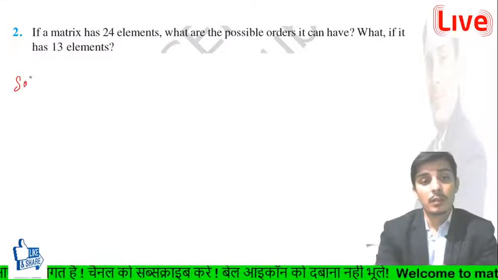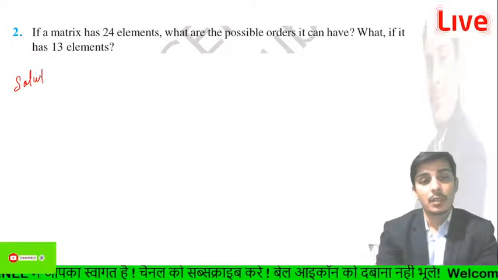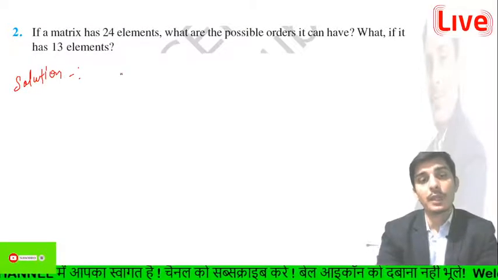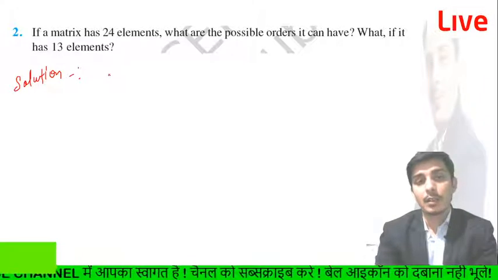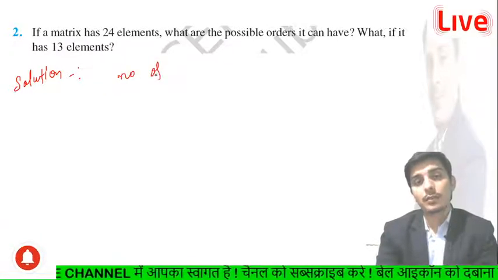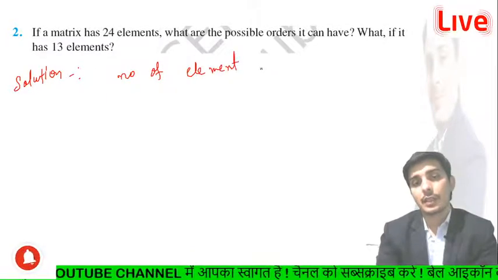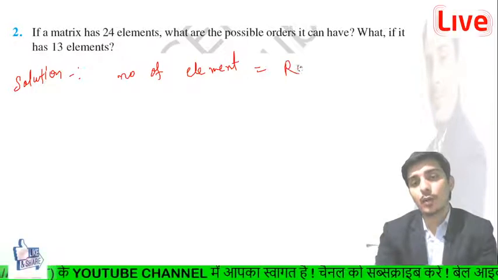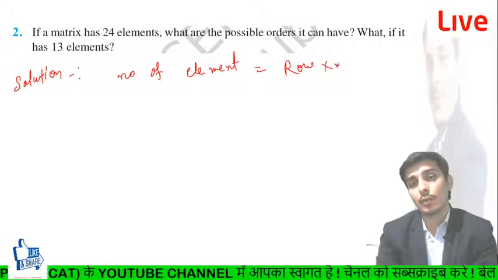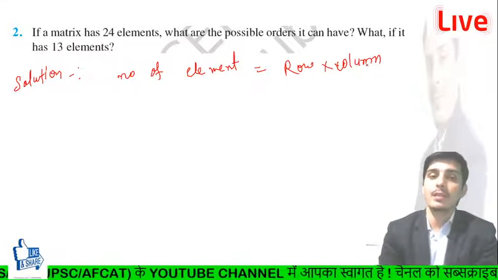As I have discussed earlier, number of elements is equal to number of rows into number of columns, you can write here row into column, guys, right?